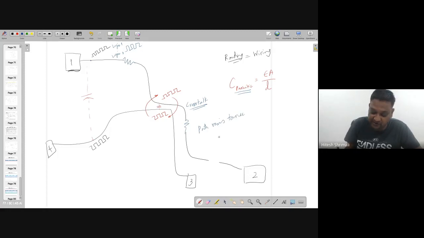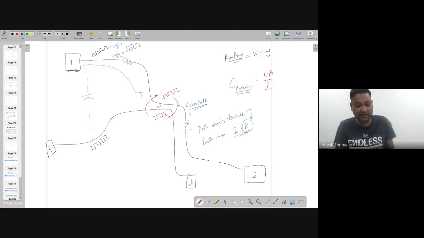Because of path resistance, in a path you will have IR drop, or voltage drop. Each one of the resistances will have some voltage drop. We are going to call that IR, where R is the path resistance created by this path, multiplied by the current flowing through that particular interconnect.